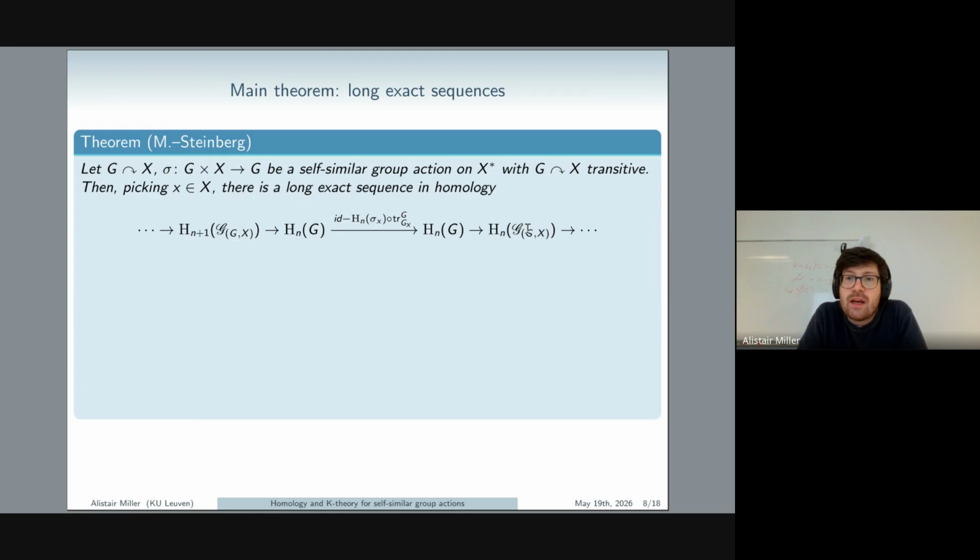Part of the point is that the relationship between the homology of the groupoid and the homology of the full group is helpful. The mantra is that the groupoid has easier homology to compute than the full group has. So this is a way to compute the homology of the groupoid, which in turn you can hope to use to help you compute the homology of the full group.